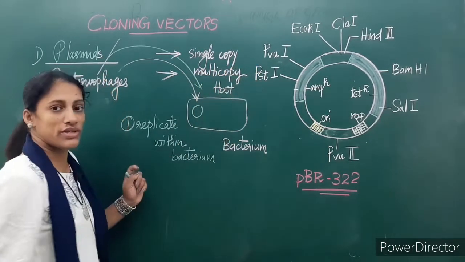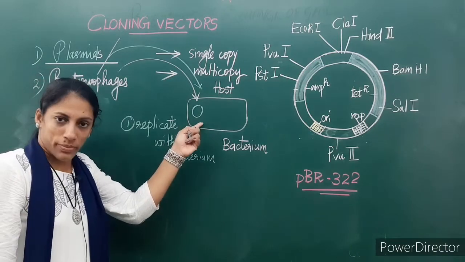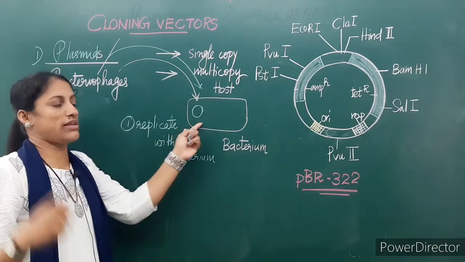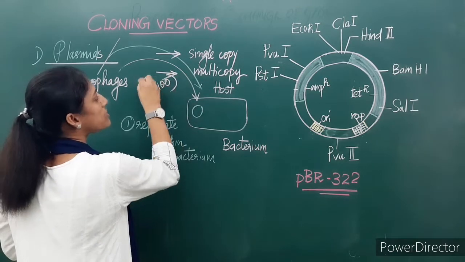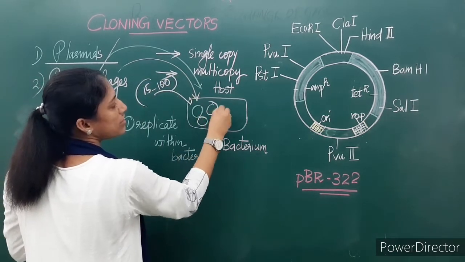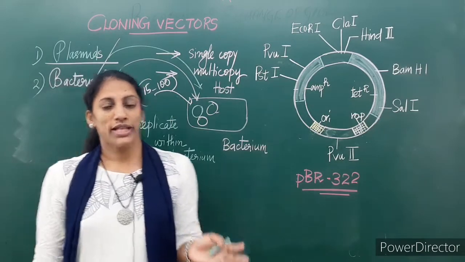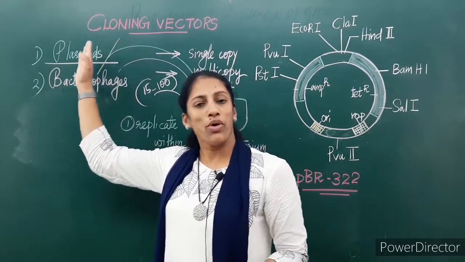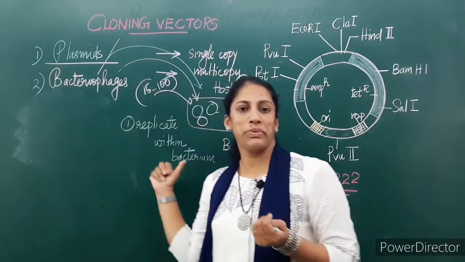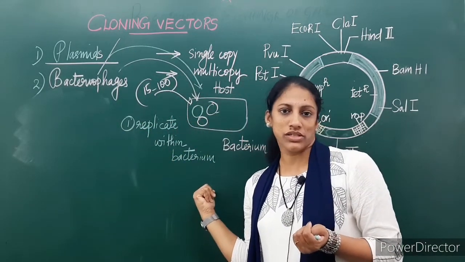Then what is the advantage? They can produce many copies within one cell itself. They may be able to produce 15 to 100 copies of plasmid within a single cell. Are you following? That means when we compare these two as the cloning vectors, both are able to replicate within the host cell.